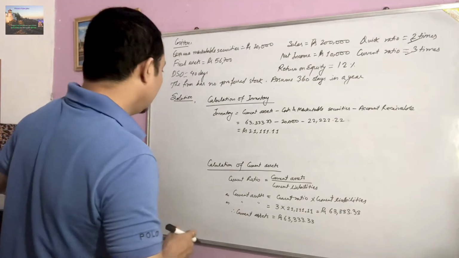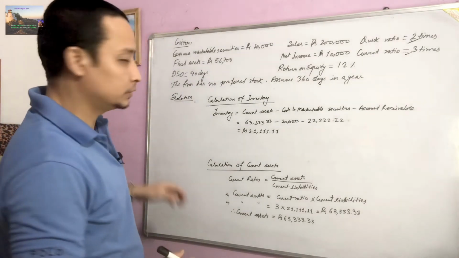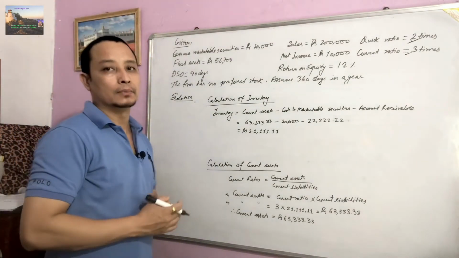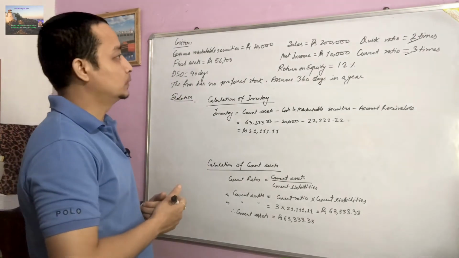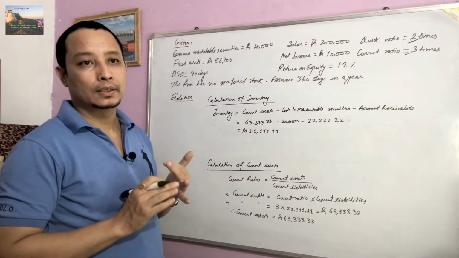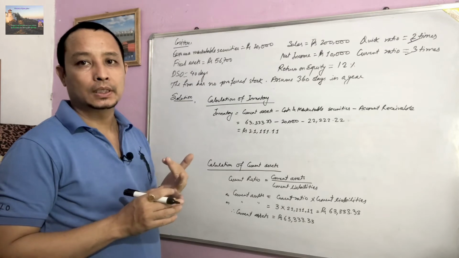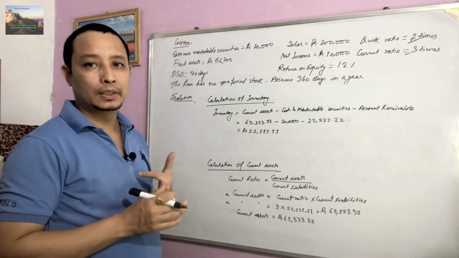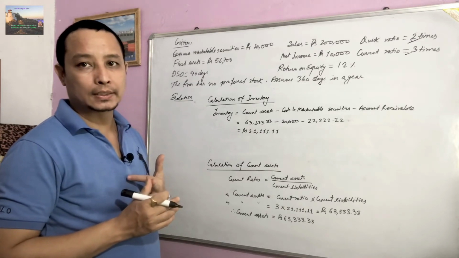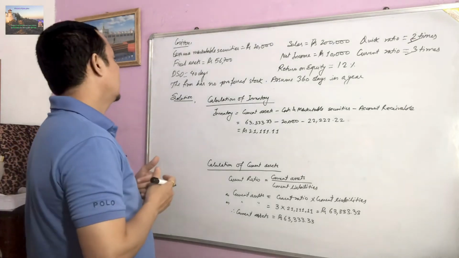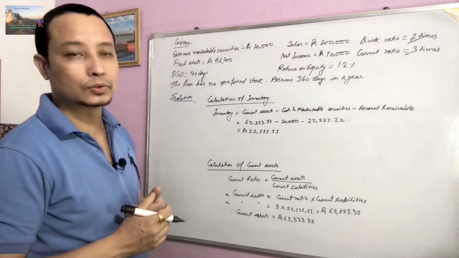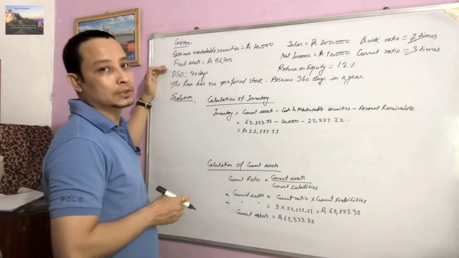So after finding the inventory, now you see in the asset side, most of the items you have already known: cash and marketable securities, account receivable, inventory, and total is your current asset. And then you have to find total asset. To find total asset, fixed asset is also given.